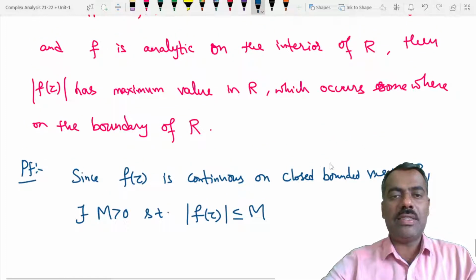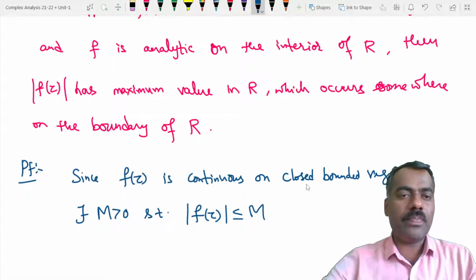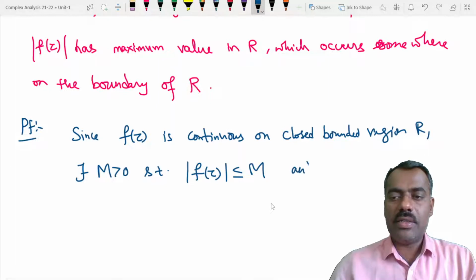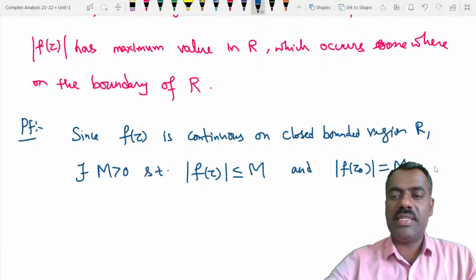That means it attains its maximum value. And there exists a point z naught in R such that mod f of z naught is equal to m.